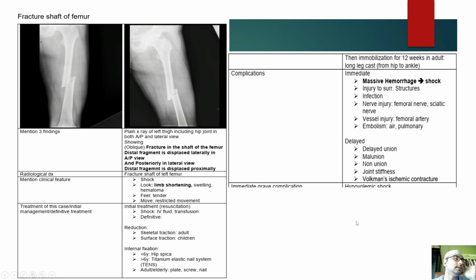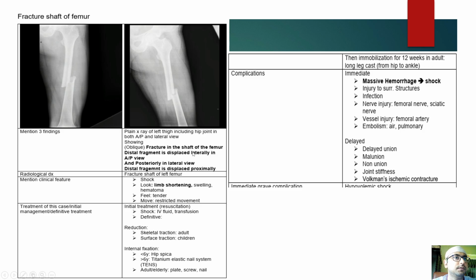Here you can see the fracture of the shaft of the femur. This is the shaft and a partially displaced fracture of the lower limb, that means femur. So mention three findings. Plain X-ray of the left thigh including hip joint in AP view and lateral view.